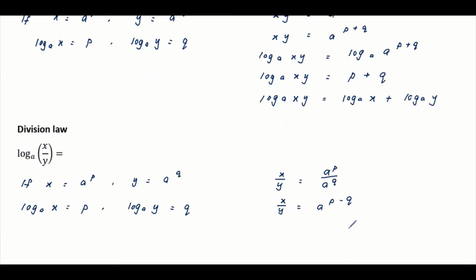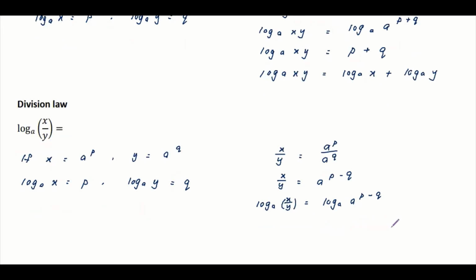Same thing, let's take log at both sides. So I have log_a of x over y, then I have log_a of a^(P-Q). Same thing here, log_a a, you're left with P minus Q only, right? So the front part, still keep it the same.